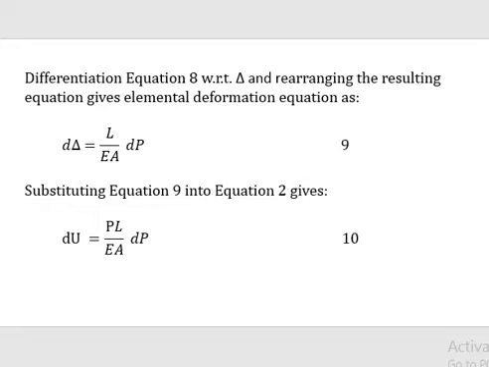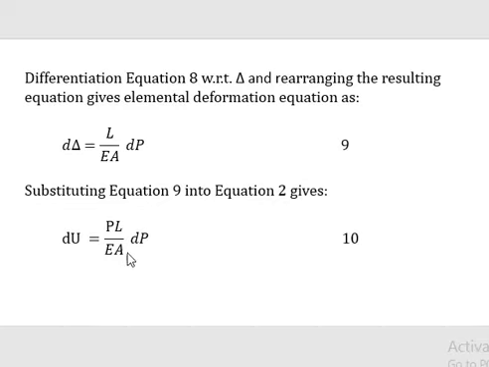Differentiating equation 8 with respect to deformation and rearranging the resulting equation gives the elemental deformation equation, as you can see on equation number 9. Substituting this equation 9 into our earlier equation number 2 will give us equation 10.